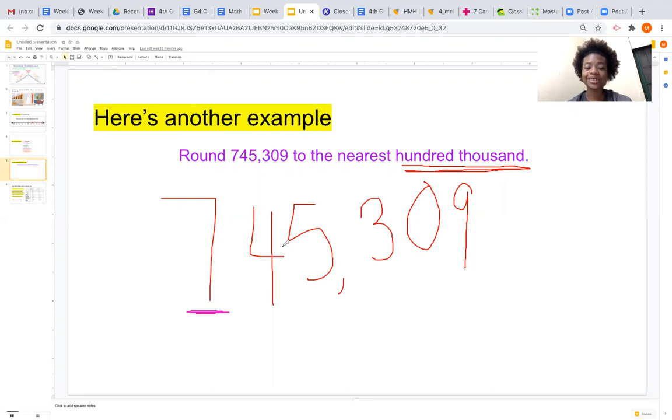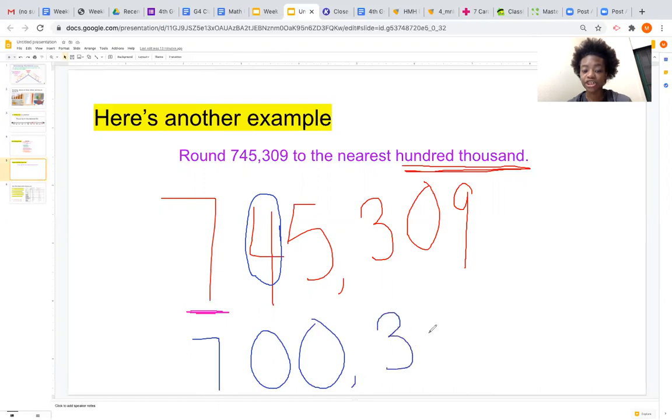We're now going to look next door. The digit 4, the digit 4 is less than 5. So this tells us that 7 is going to stay exactly as it is. And all of the digits to the right of that are going to turn into a 0. They're going to become a 0.